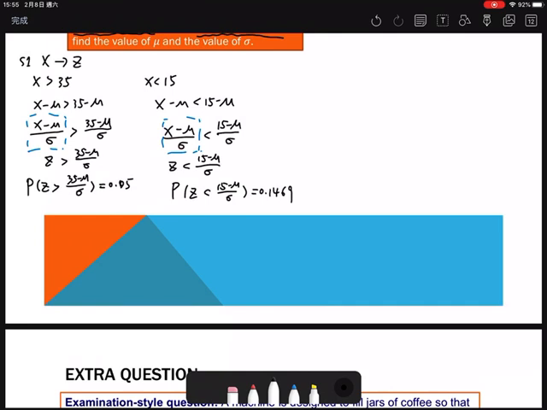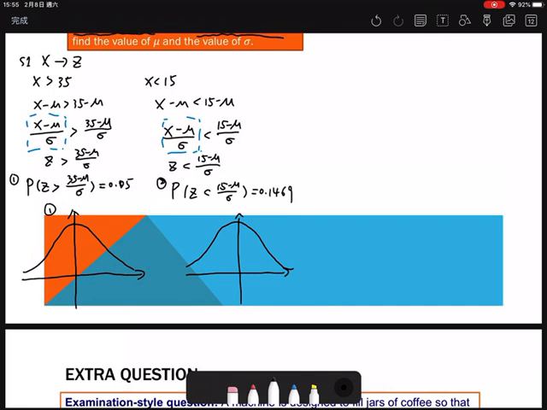Now we can draw the corresponding figure. It is a normal curve. I mark this as equation 1, and this is equation 2.